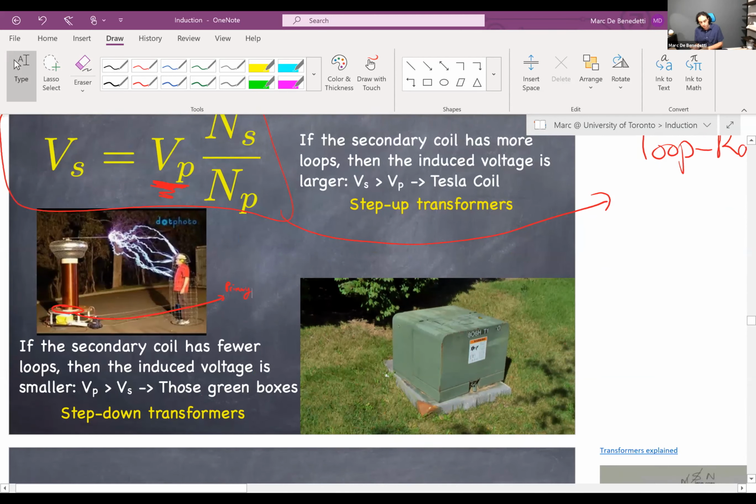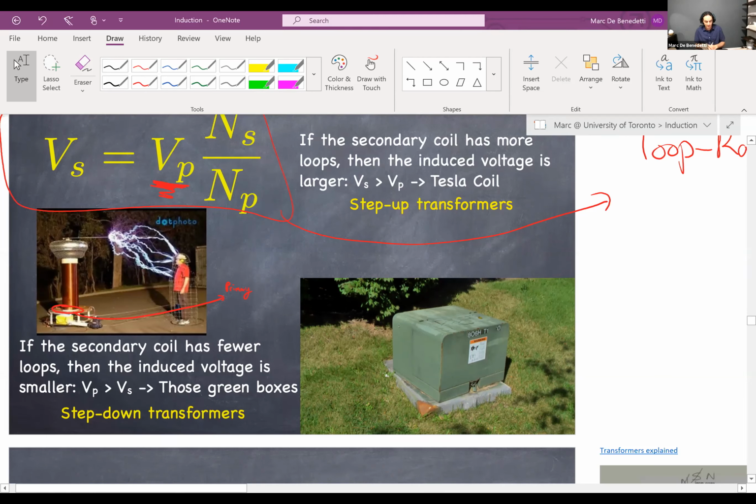The opposite can also happen. A Tesla coil is an example of a step-up transformer. You take a wall voltage of something safe, like 120 volts, and you have a very small number of turns in the primary, and the secondary coil is not electrically connected to anything. It's just a second coil in close proximity to the first coil.